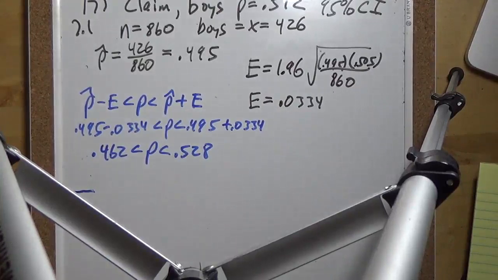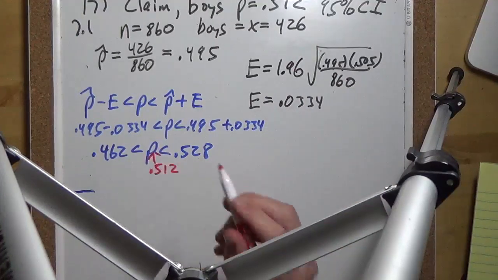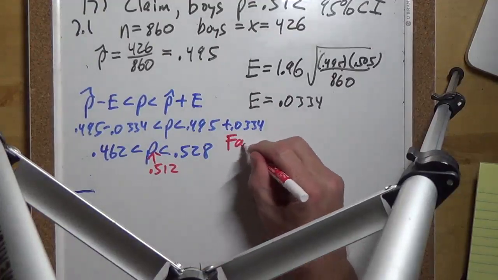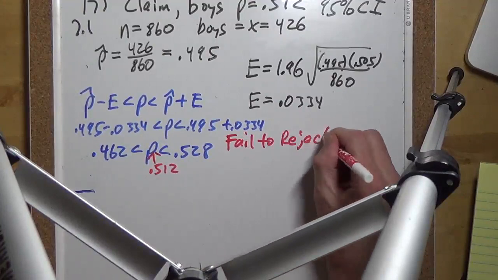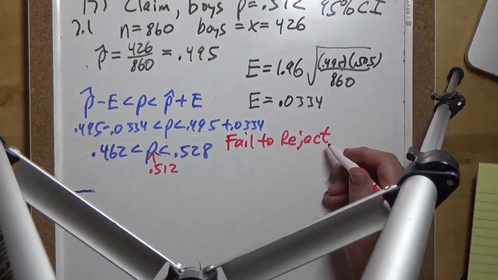Okay, here's how we finish our analysis. The 0.512 actually could lie in here, so therefore we fail to reject the claim. Notice I didn't say we proved it, we just couldn't reject it. Failing to reject is not very strong.